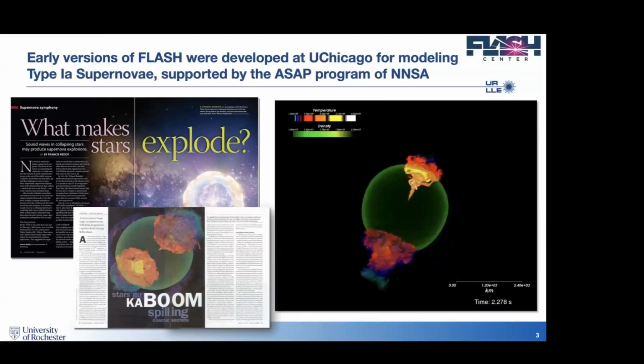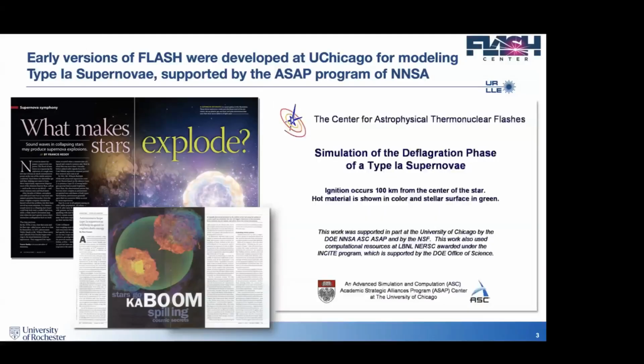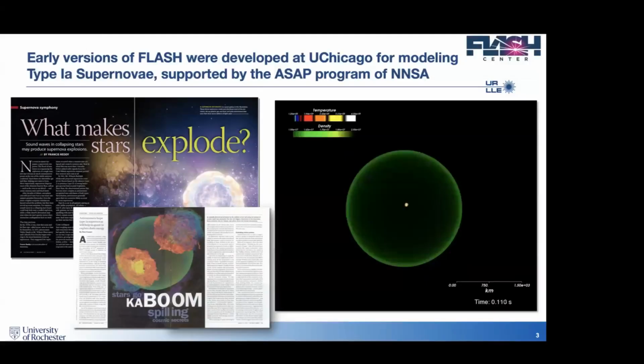At the time, we were at the University of Chicago, and the application that we targeted was essentially the explosion of thermonuclear supernovae. So how can we measure the emission that will come out of a type 1a supernova, and what are the processes by which these supernovae explode?